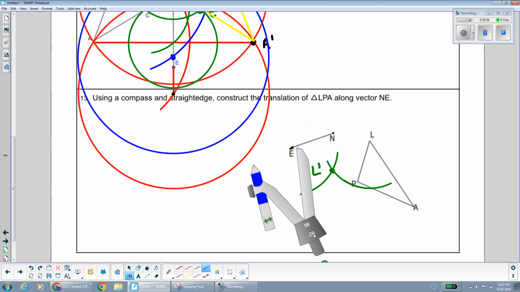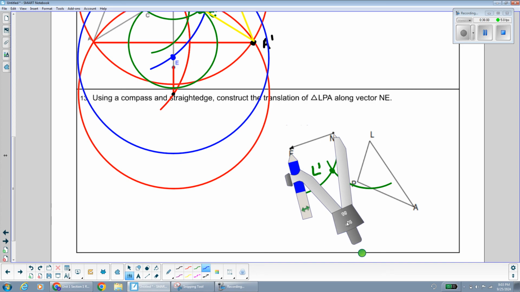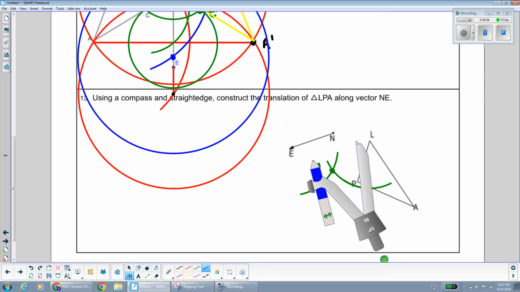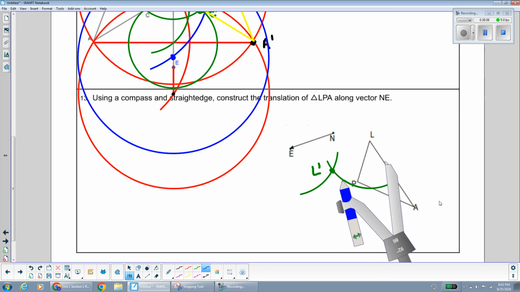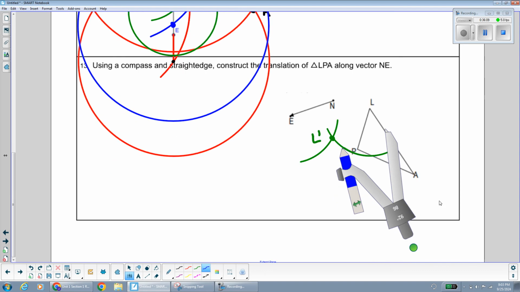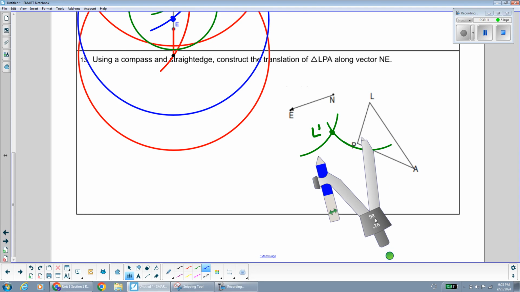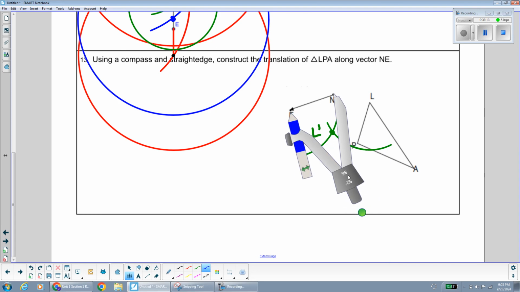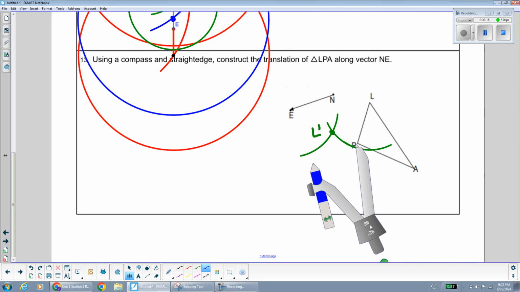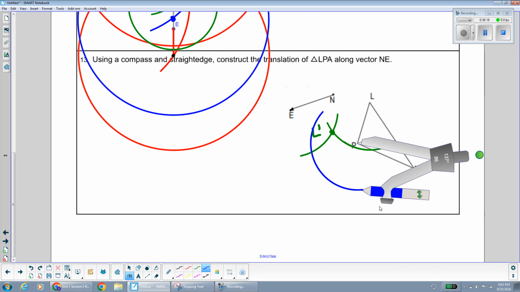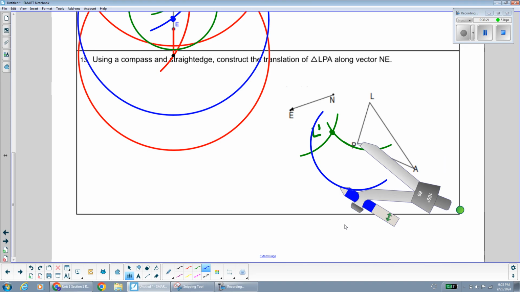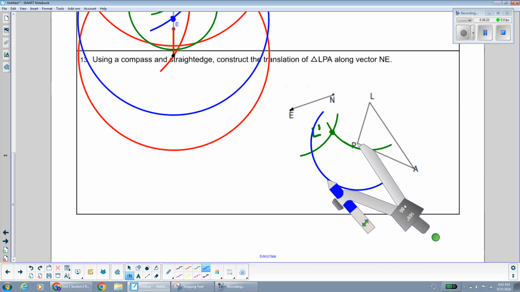We'll do it one more time. Gonna measure, make sure I have the length of the vector. Okay. Next point, point P. I measured like this. Point P. Arc, or you can make a circle. I'm just tired of all these circles.